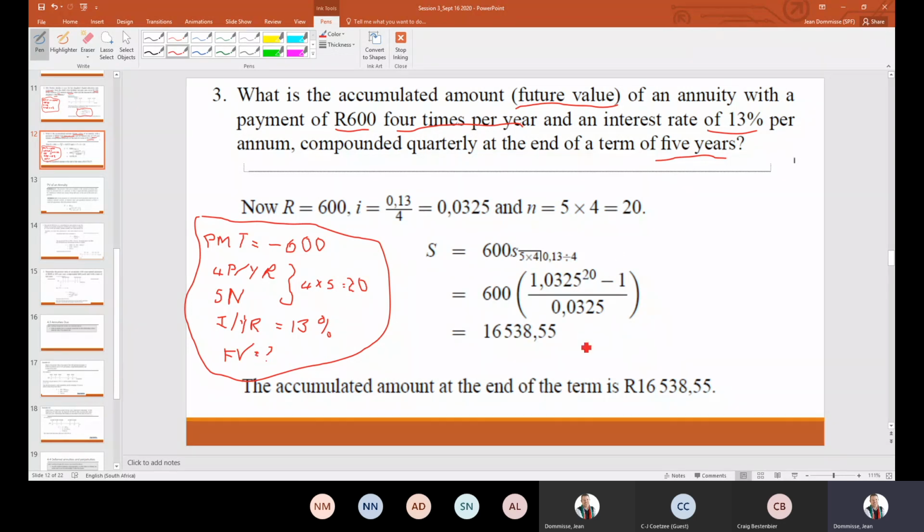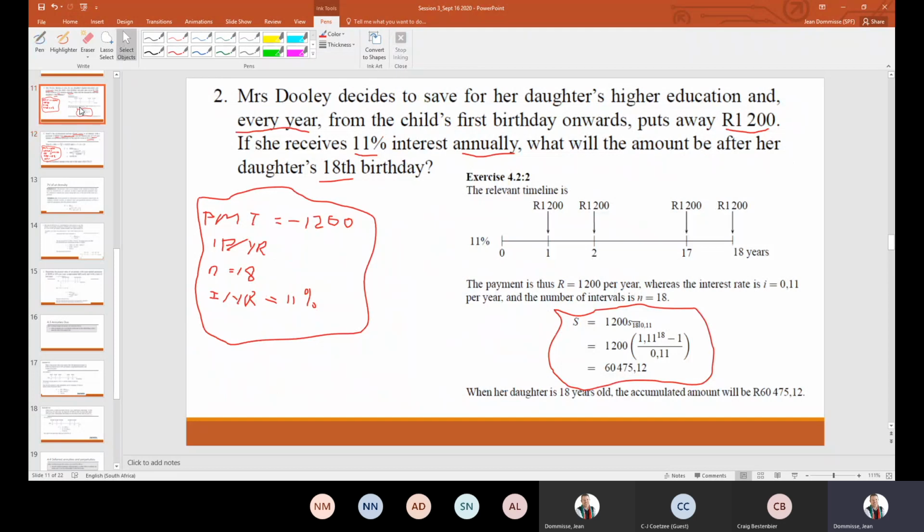I think what is important in the formula is, and let's just quickly look at the previous one, let's see if the green works better, just to show something else. Because it was an annual rate, it was a given that we would use the 0.11 there.